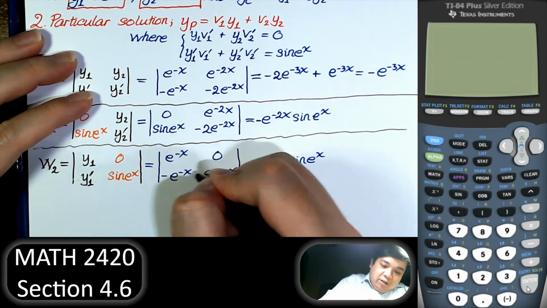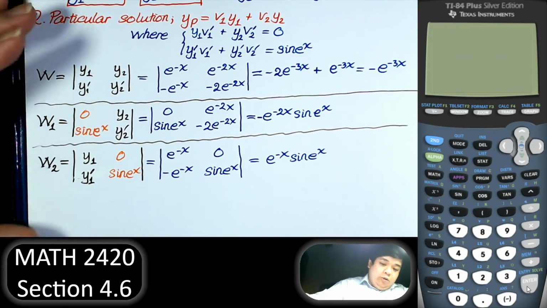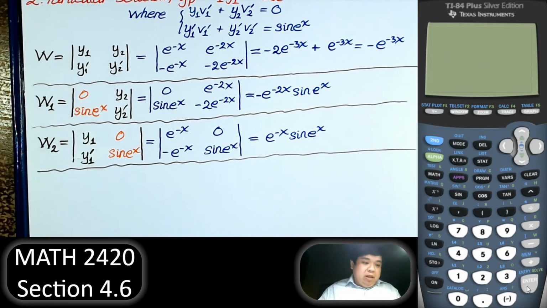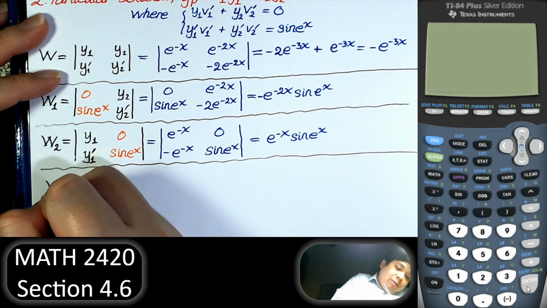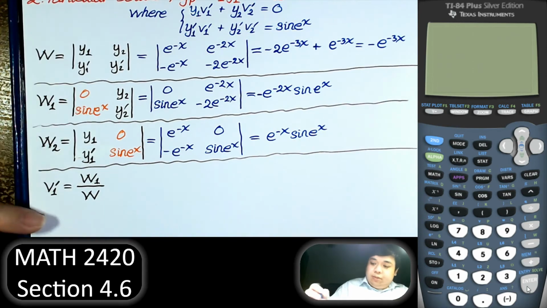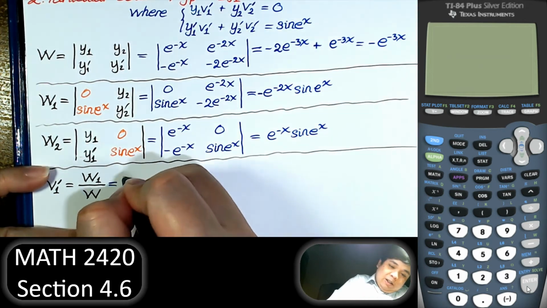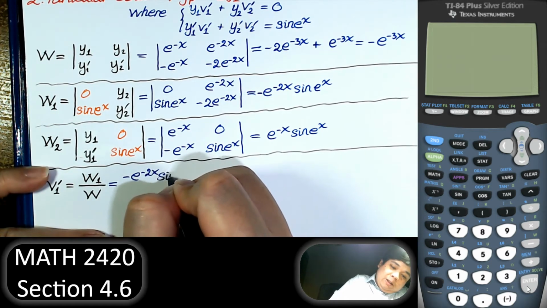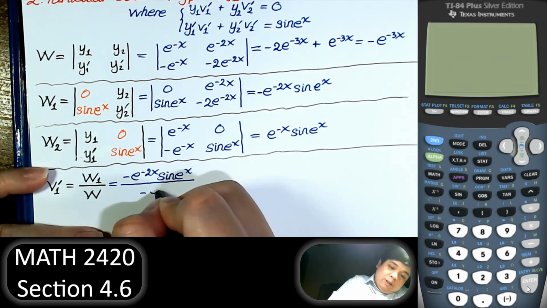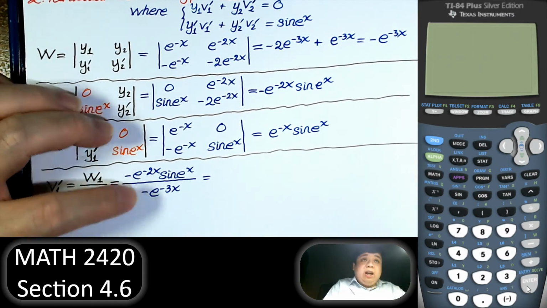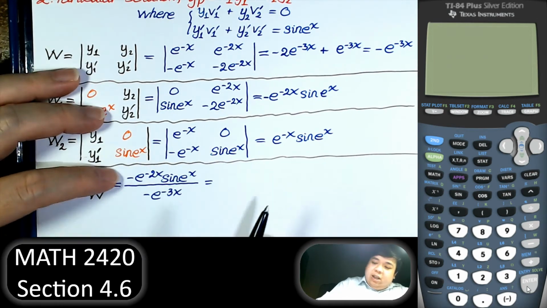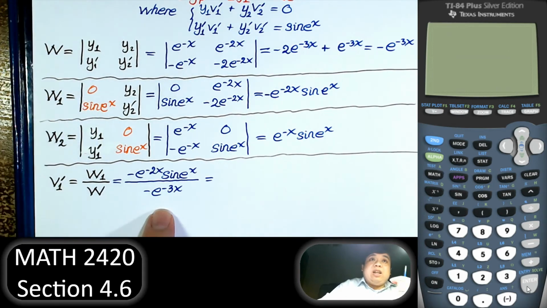Right, now find the v prime. It might not be pretty here. v1 prime is W1 over W. Negative, negative cancel out, e to the negative 2x cancels with e to the negative 3x.